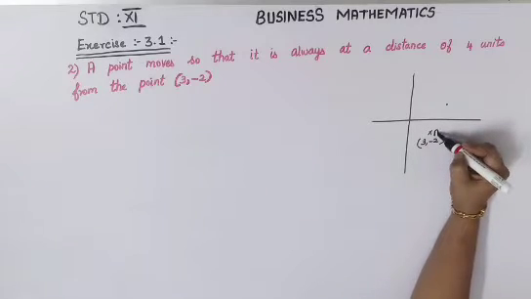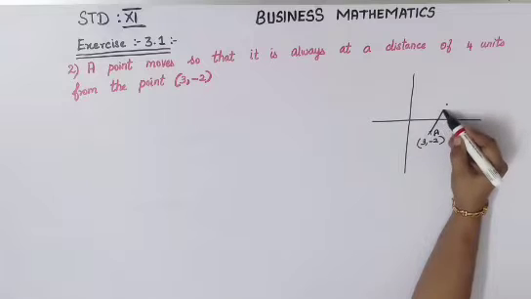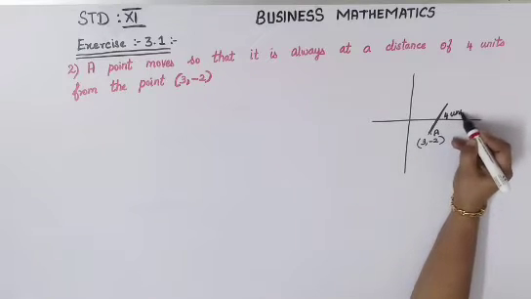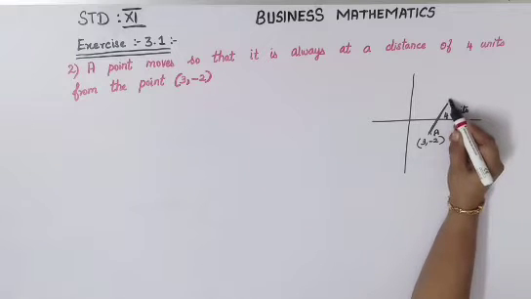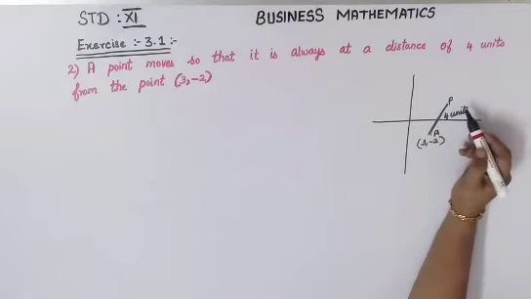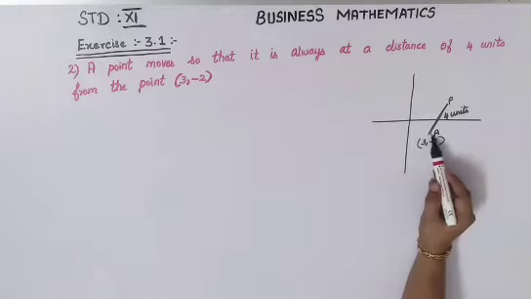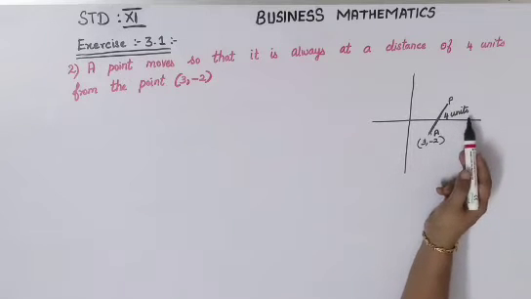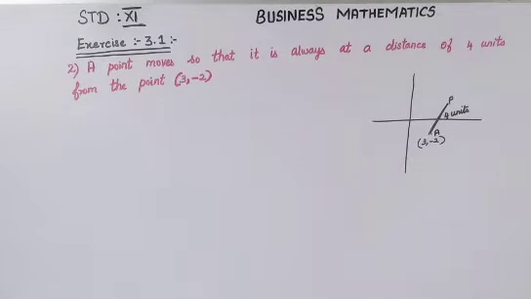I just mark this as A. The distance between these two points is 4 units, as given. We'll mark this point as P. So your point P is there, A is there, and the distance between them is 4 units. Okay, so we'll just proceed.